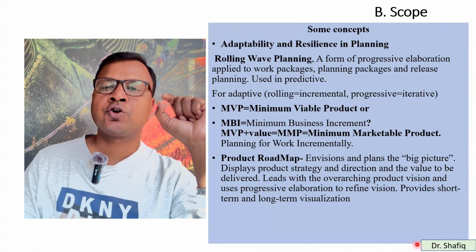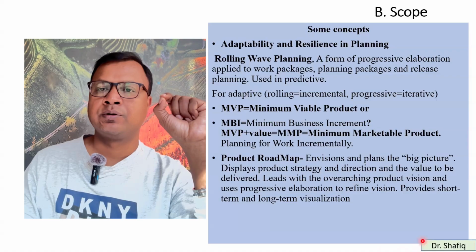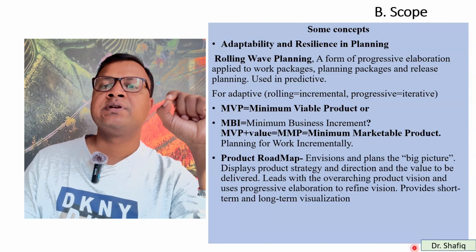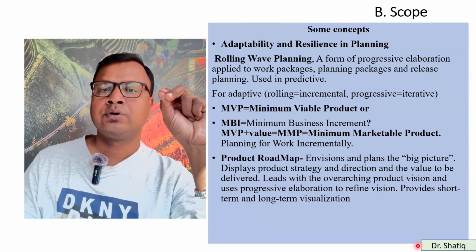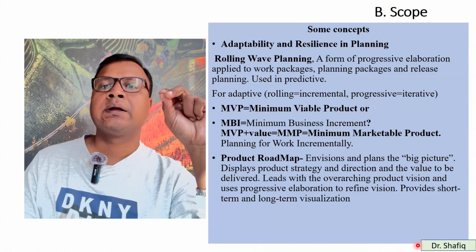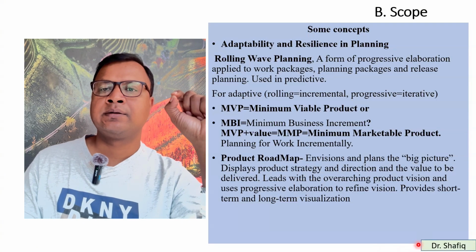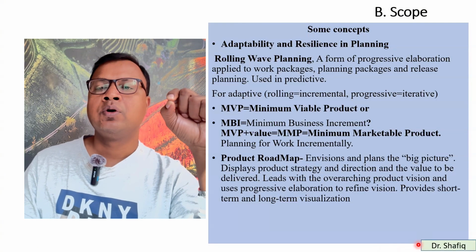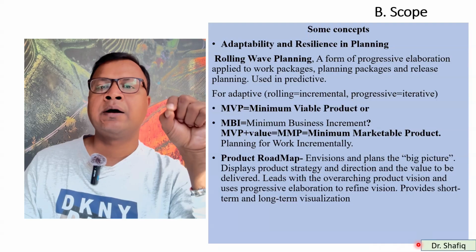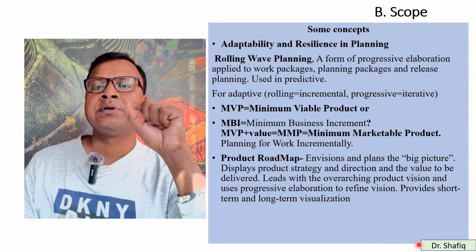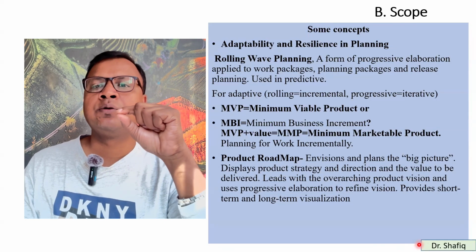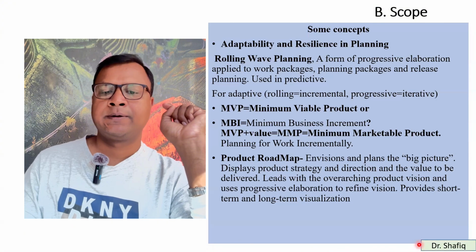It provides a short-term and long-term visualization, so that the stakeholders can understand what you are going to do, where you are starting from, and how each step will add value to the final product.